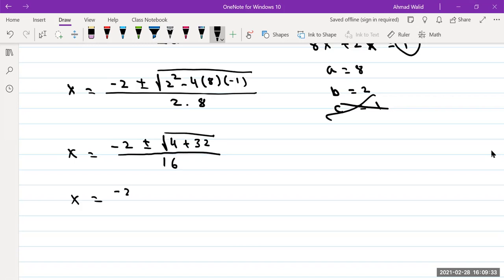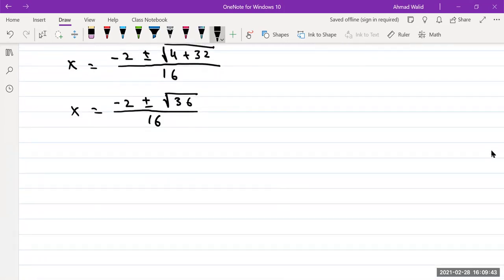X equals -2 plus minus a square root of 36 over 16. Oh, 36 has a perfect square root. We are lucky. X equals -2 plus minus a square root of 36 is 6 over 16. Now, two solutions.